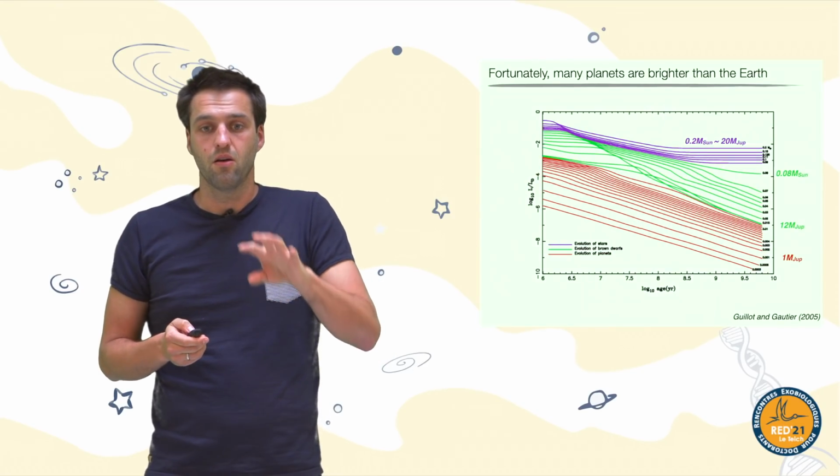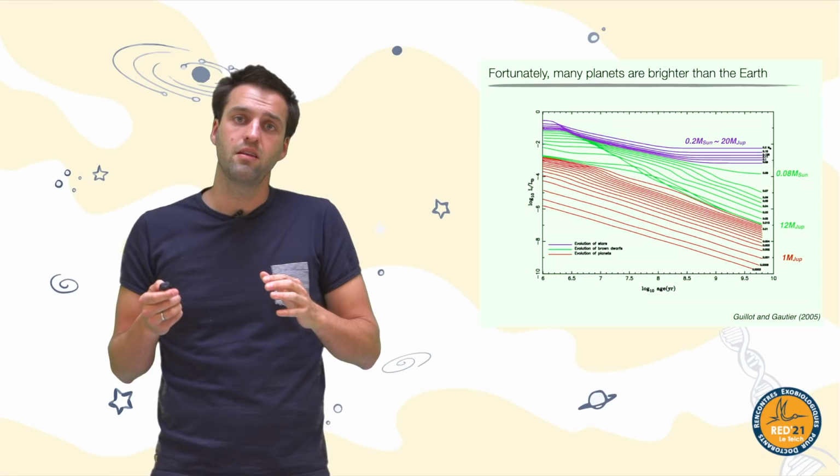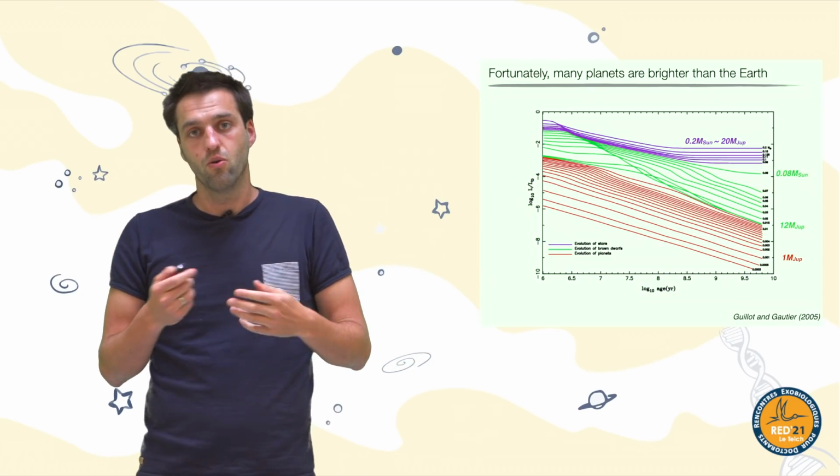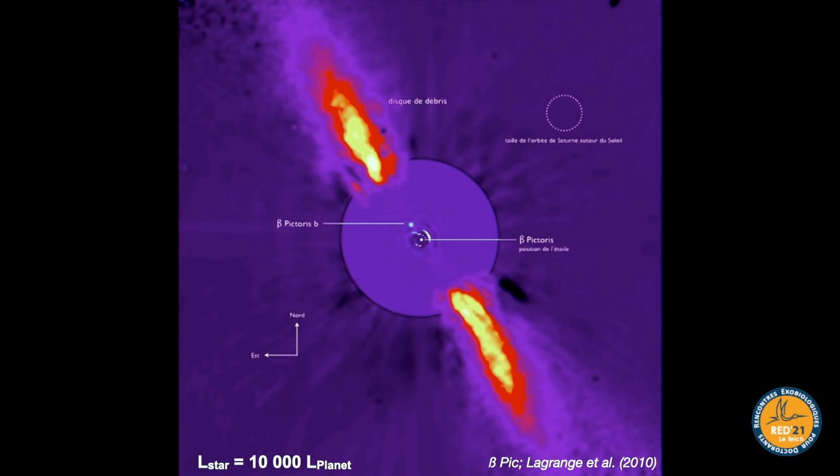So meaning that if we look at massive enough objects or at objects that are young enough, we could observe them. And effectively, we did. So this is an image of the Beta Pictoris system. So basically what you see here is an image where you have the disk of the star, the circumstellar disk, because this is a very young star that still has a gaseous disk around it.